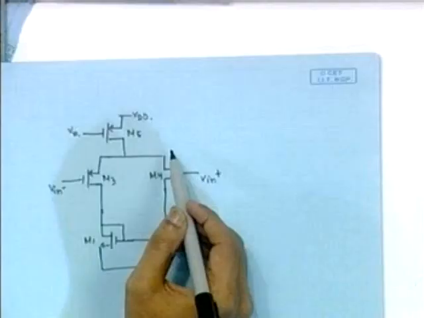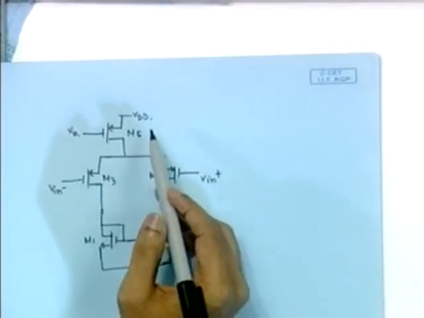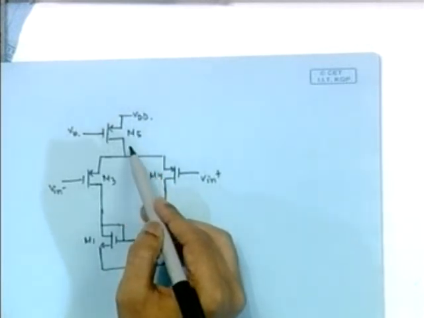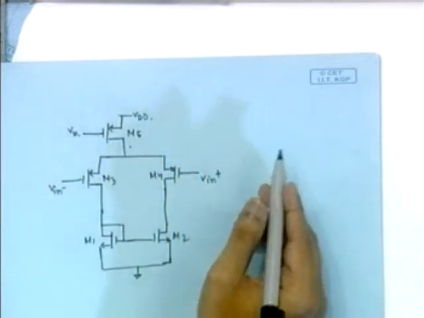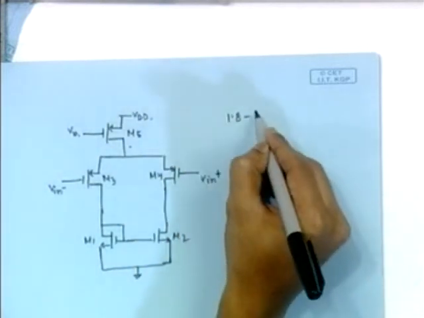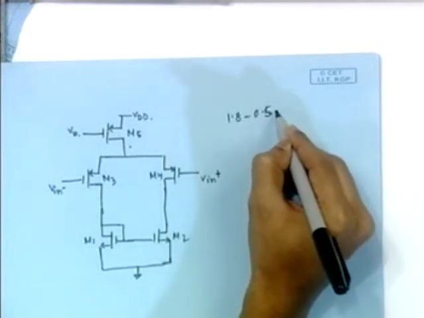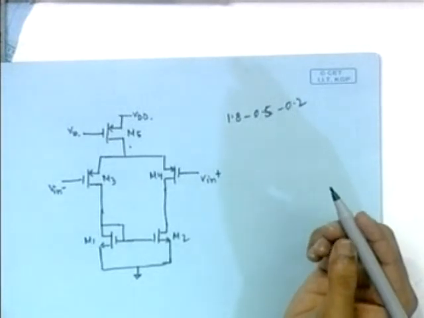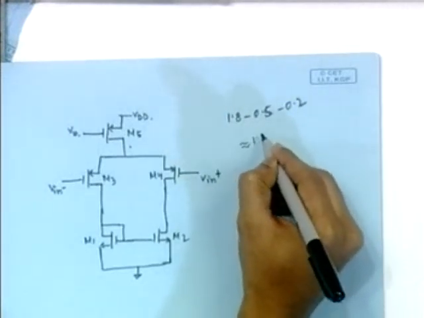The advantage is that you can see the higher range of V in should be VDD minus VTP minus VDS sat. So that will give you 1.8 minus 0.5 for VTP, minus VDS sat, and it should be something like 1.1.